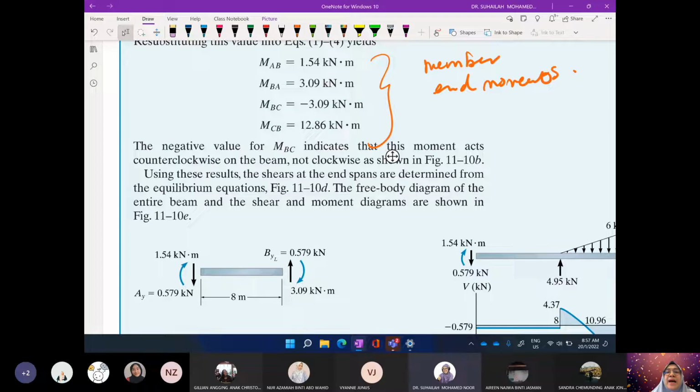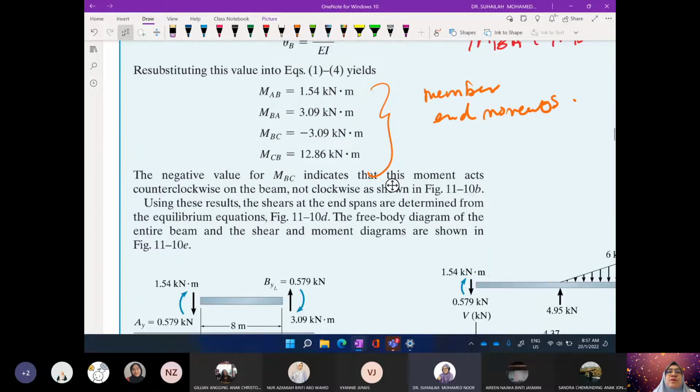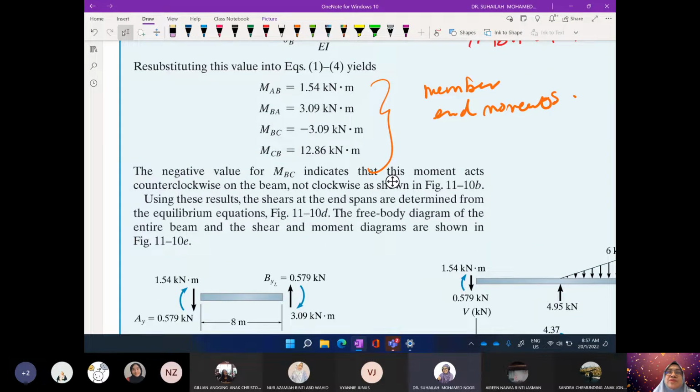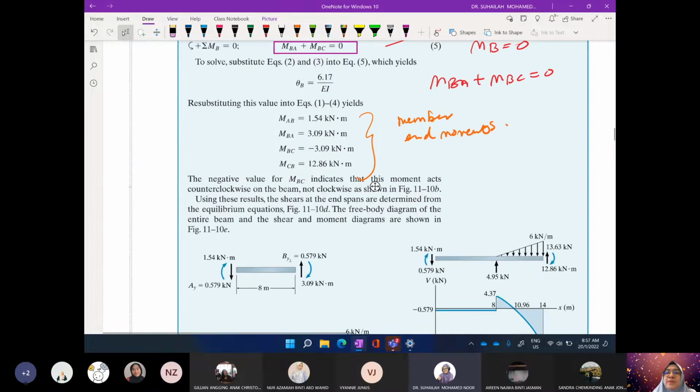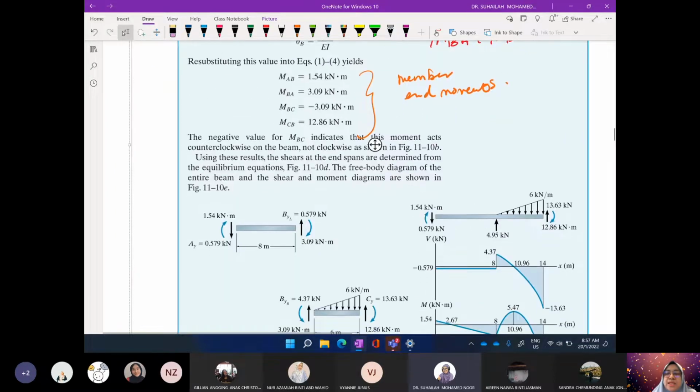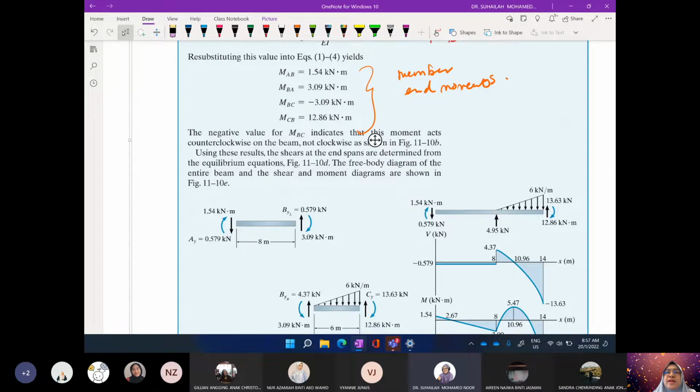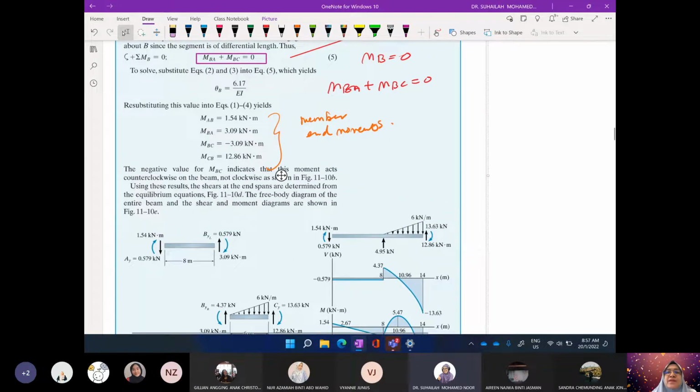But if you want to analyze the shear force, draw shear force diagram, or if you want to analyze the vertical reaction at the support, we need to apply static equilibrium. We need to apply static equilibrium, which means we have to know the free body diagram.